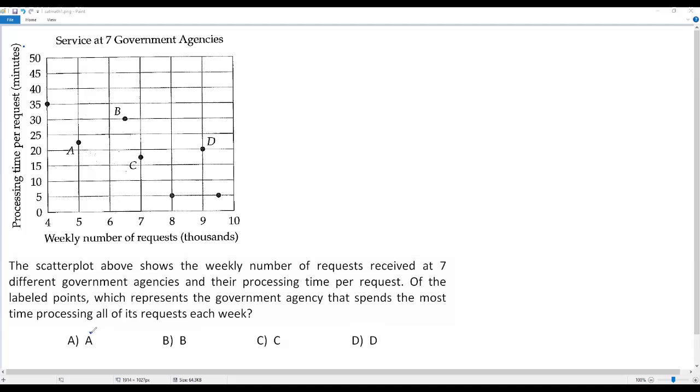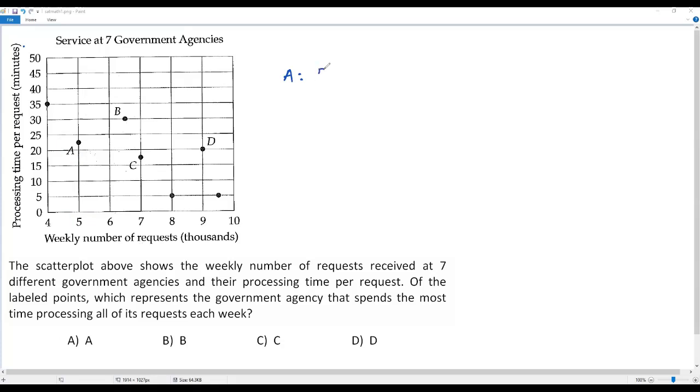Okay, since we have government agency A in answer choice A, now let's find the total processing time for all the requests received by government agency A. So first, let me find the number of requests received by government agency A. For that, consider the number on the horizontal axis corresponding to the point A, that is 5. That is 5,000 requests. So government agency A receives 5,000 requests per week.